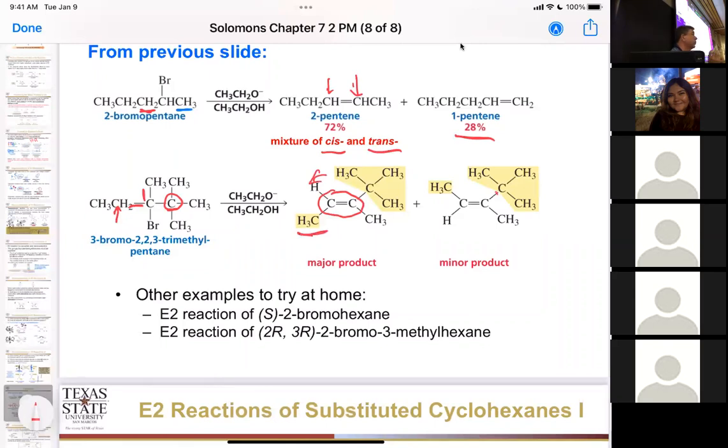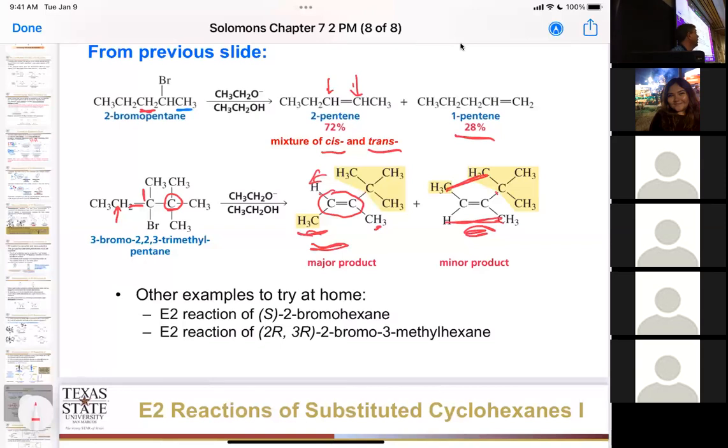And again, to prove it to yourself why, you want to draw your Newman projection and see where the methyl group is and where the t-butyl group is. In the case of this, the hydrogen is on the side with the t-butyl group and the 2 methyl groups are gauche. In this minor product, these 2 are gauche and these 2 are gauche. So that's more sterically hindered. Therefore, it's going to not form that bond.